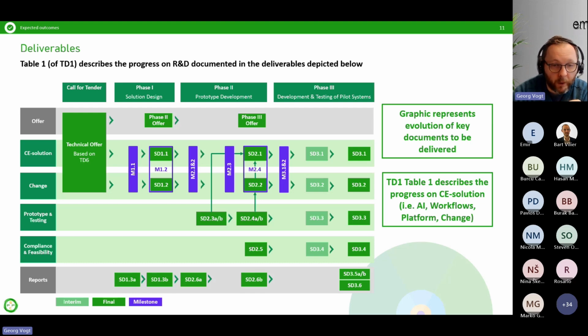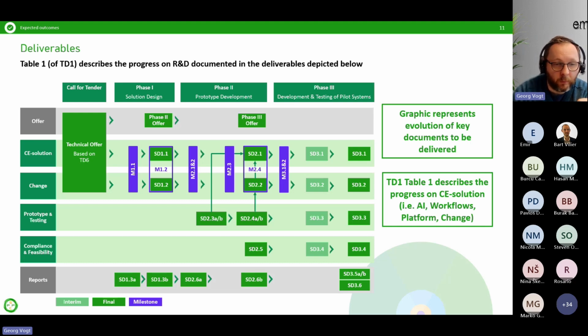It evolves the same way. During the first phase, not much is expected on this because testing is far away. You should focus on the technical part. So this comes, and in phase 2, you will begin to start testing. So you will have to present your prototype.